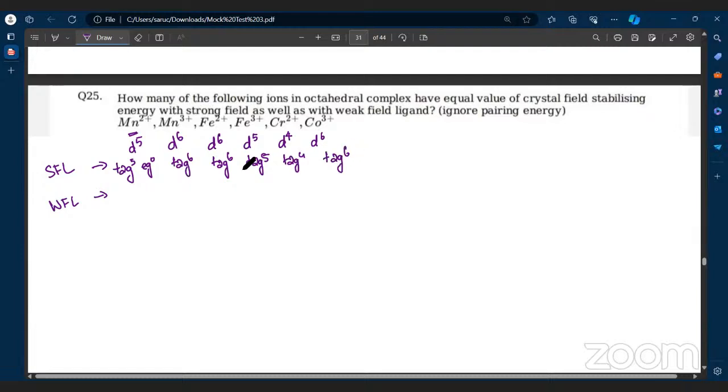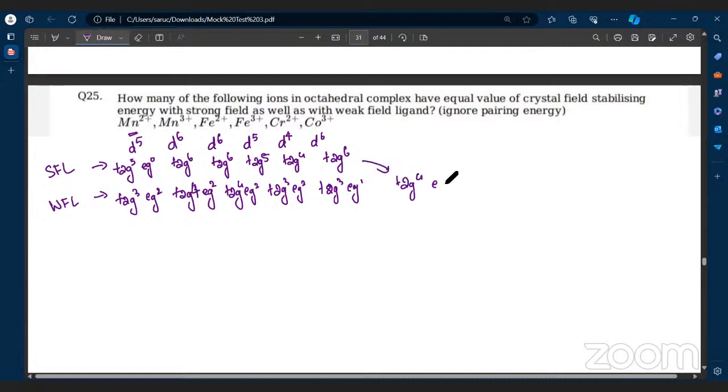And for weak ligand, it will be t2g3 eg2 for d5, t2g4 eg2 for d6, and for d4 it is t2g3 eg1, and again t2g4 eg2.